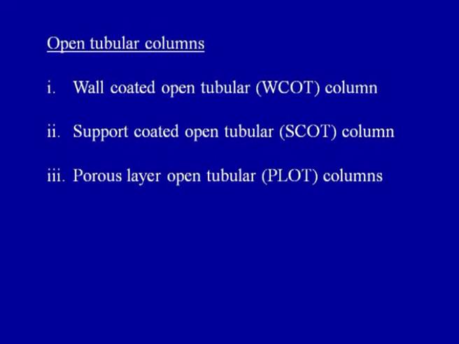The stationary phase is coated onto the support and the support is coated onto the wall. Then there could be another one called porous layer open tubular columns, which is a kind of support coated column used for adsorption work. So, the two main types are wall coated and support coated open tubular columns.